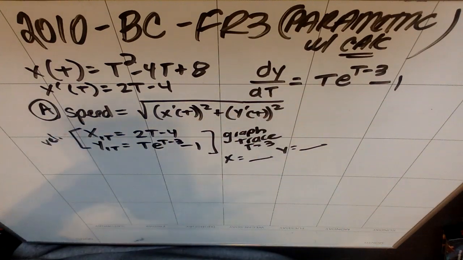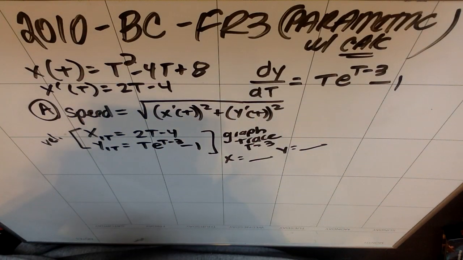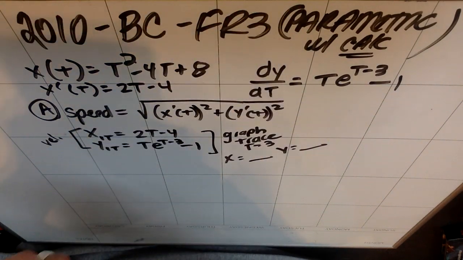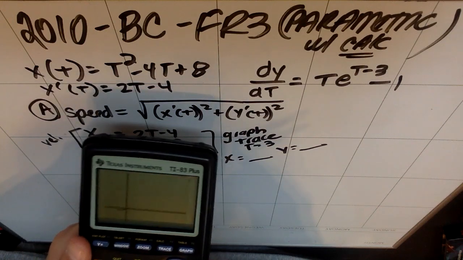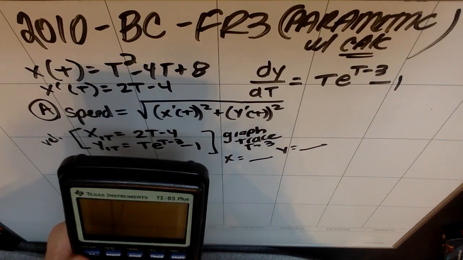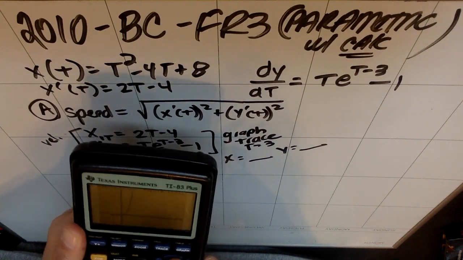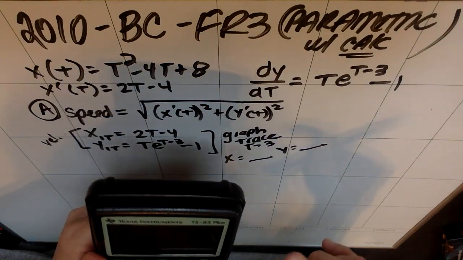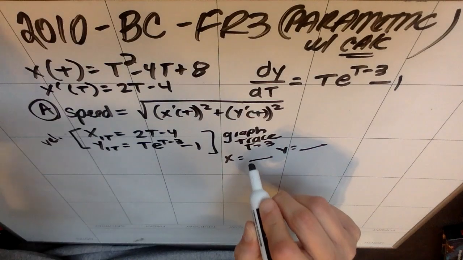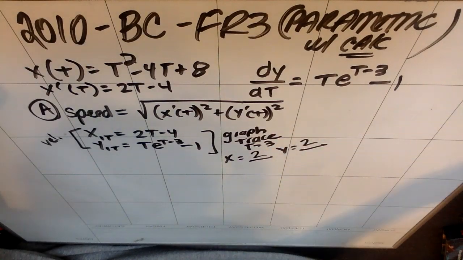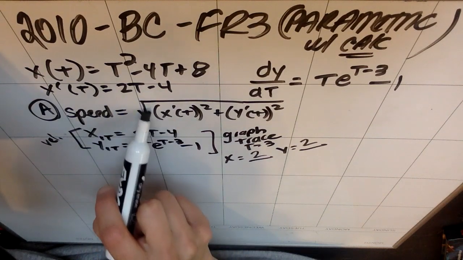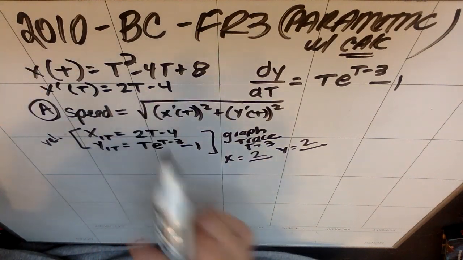So you don't have to do that, but if you put in your derivatives, go to graph, hit trace, and hit t is 3, what'll happen is the x coordinate and y coordinate I'm given, well, it turns out that they're both 2's anyway, so that's easy. And I also could have figured that out by just plugging in 3. I'm kind of lazy. So I could have found x prime of 3 and gotten that it was 6 minus 4, which is a 2.